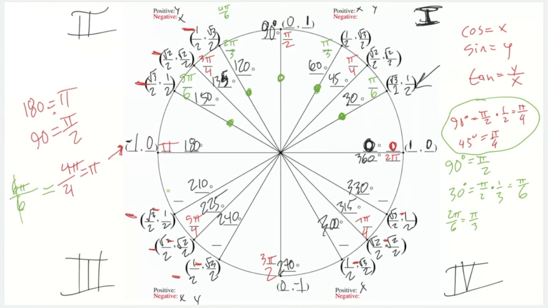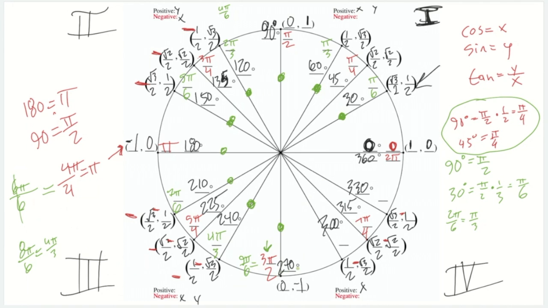We go another 30 degrees, that's 7 pi's over 6. Another 30 degrees, that's 8 pi over 6. What is that, 4 pi over 3? So 4 pi over 3. So we have 1, 2, 3, 4, 5, 6, 7, 8 pi over 6, 9 pi over 6, which gives us this.